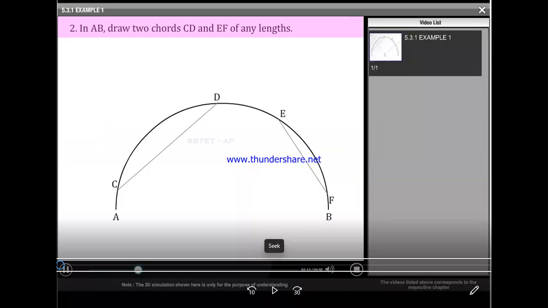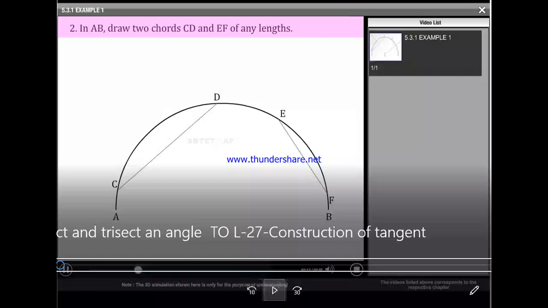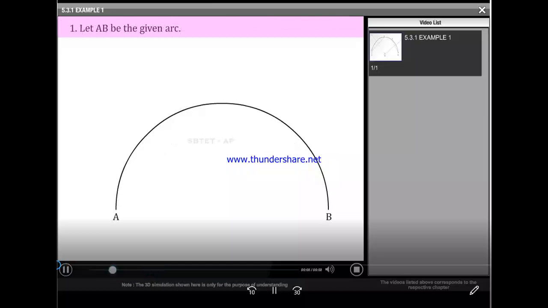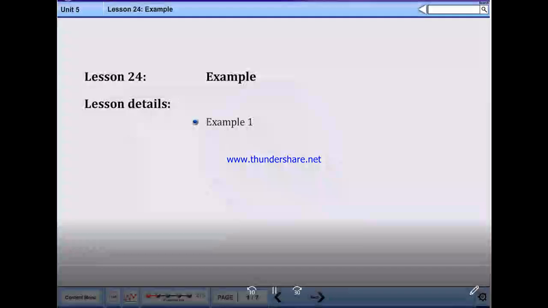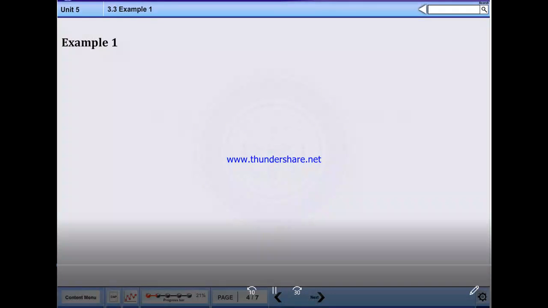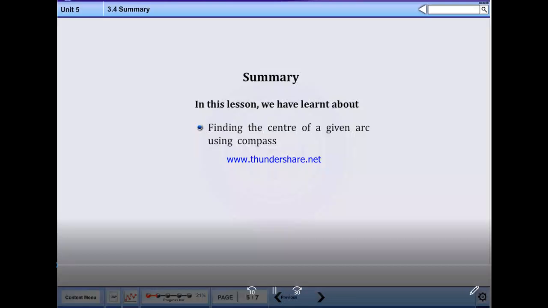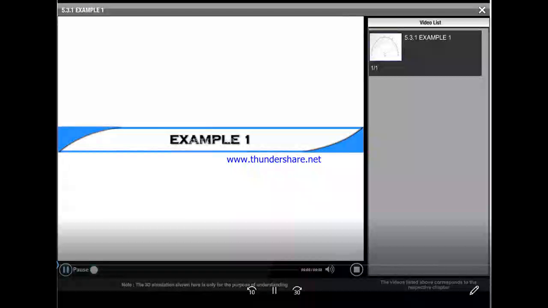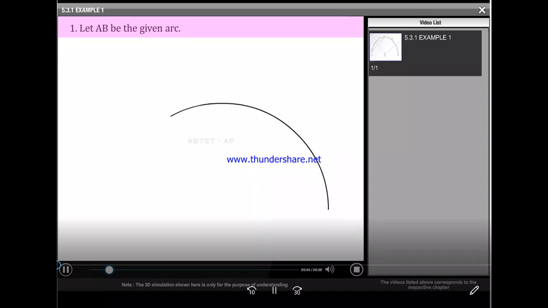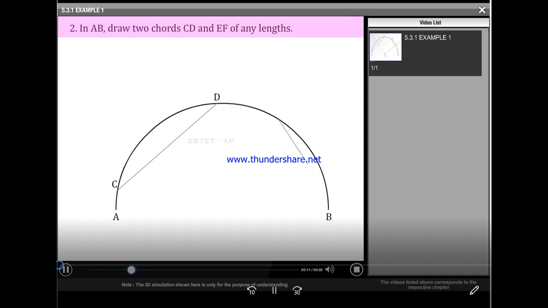Now you do one more example. Draw perpendicular bisectors of the given arc. Example 1. Let AB be the given arc. In AB, draw two chords CD and EF of any length.